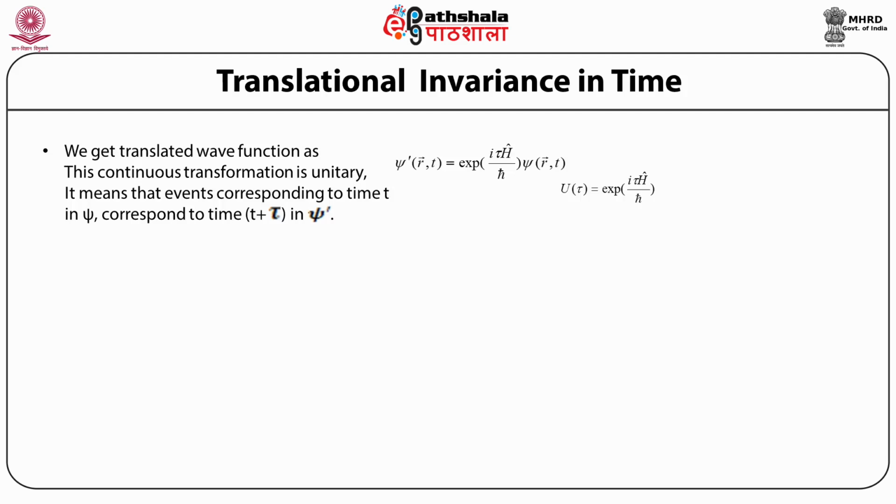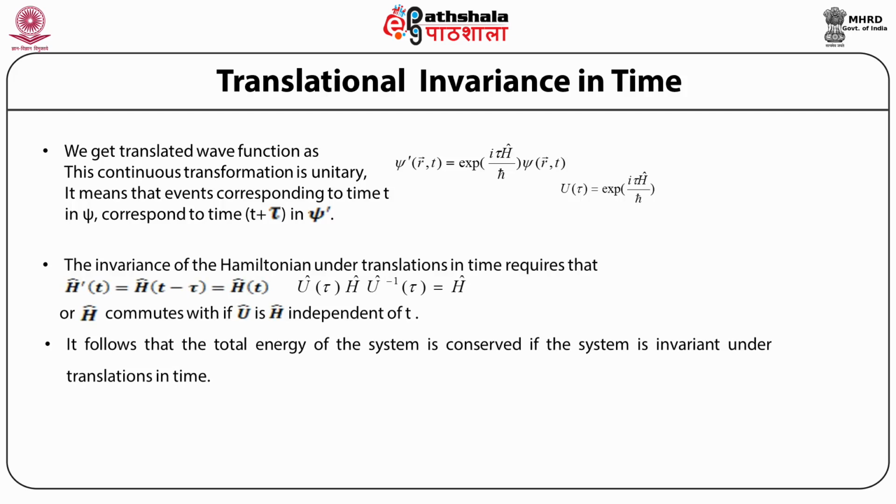Using the transformation operator in time defined above, the invariance of the Hamiltonian under translations in time requires that the Hamiltonian operator h prime as a function of time t is equal to the Hamiltonian operator h as a function of time t minus tau, and this turns out to be equal to the Hamiltonian operator h as a function of time.